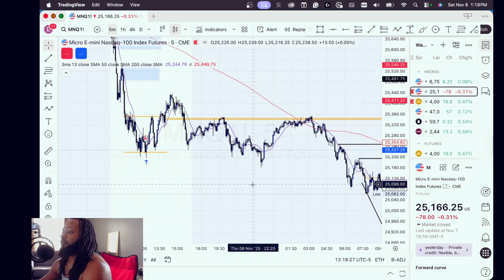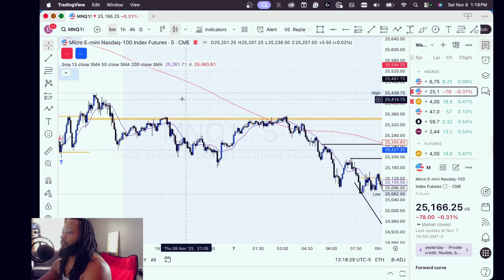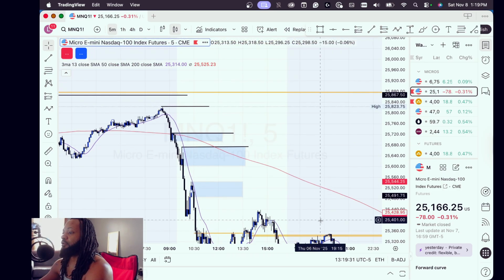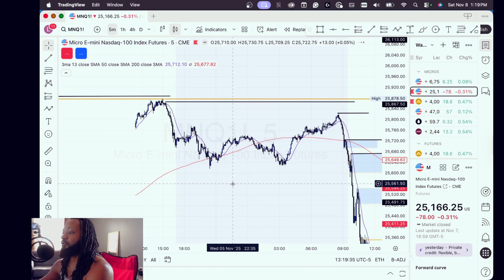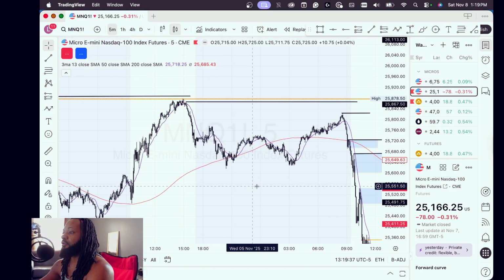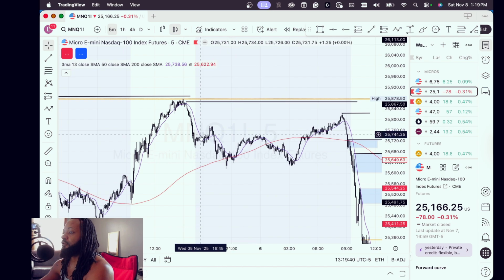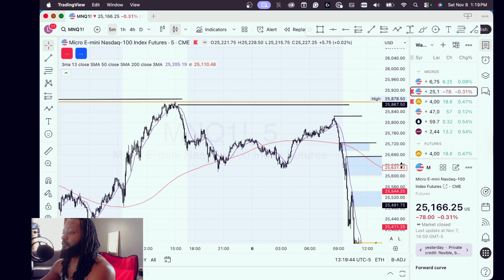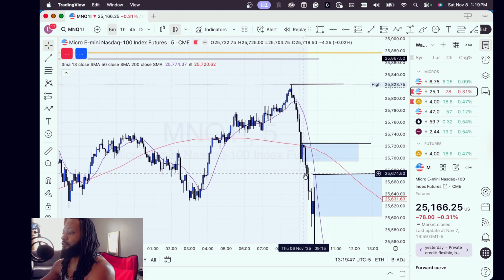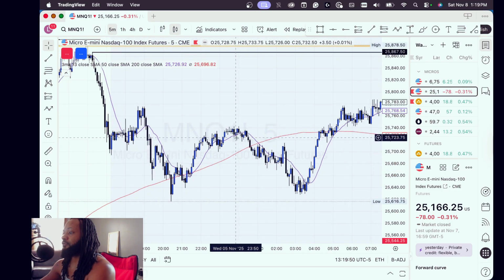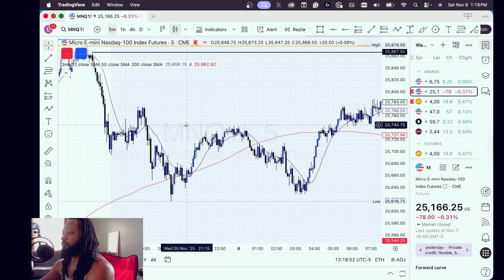Let me see if I can find a proper consolidation so I can show y'all. See, could this be a consolidation? Sure can. Yep, right here, this is perfect. A little bit of downtrend, uptrend.